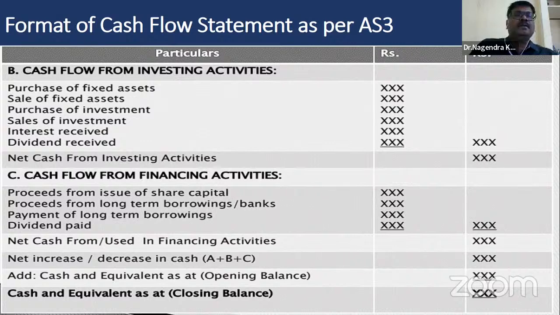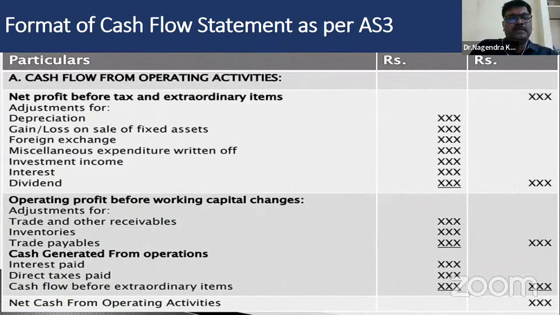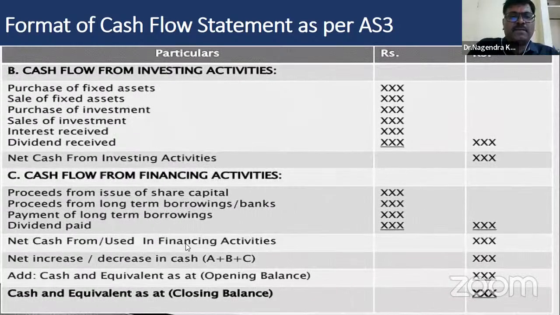So we may get cash inflows or outflows from operations, from the investing activities, and from the financing activities. After taking all these things from operating, investing, and financing, we will understand what is the actual cash component earned or decreased during the year.